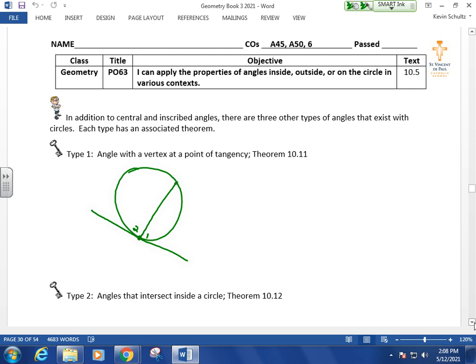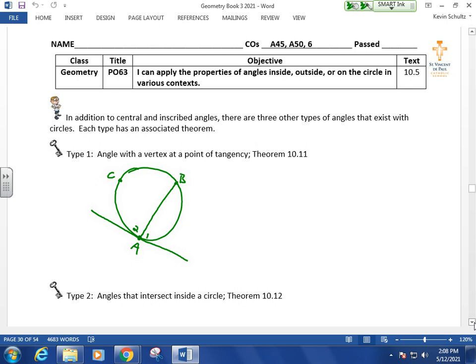I'm going to put some letters in here so we can use them to help guide us. All right, so we have a tangent line and a point on that tangent line, creating 2 angles.